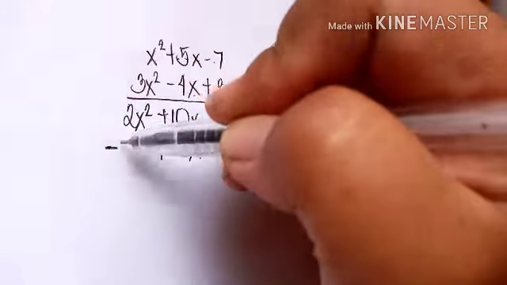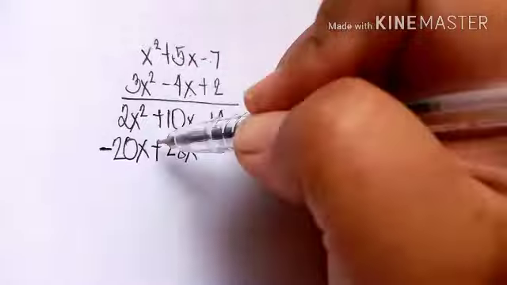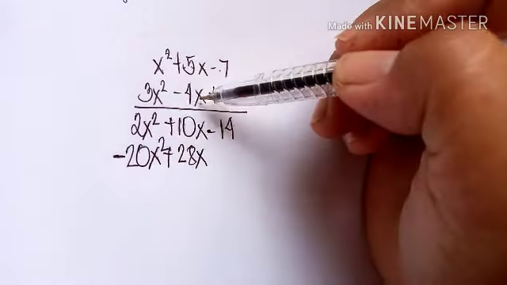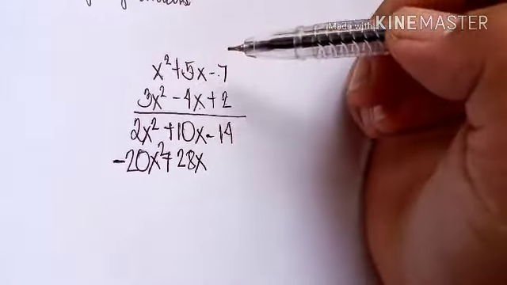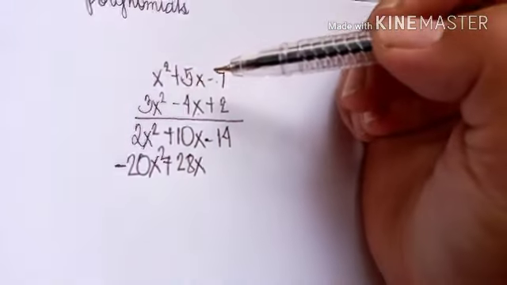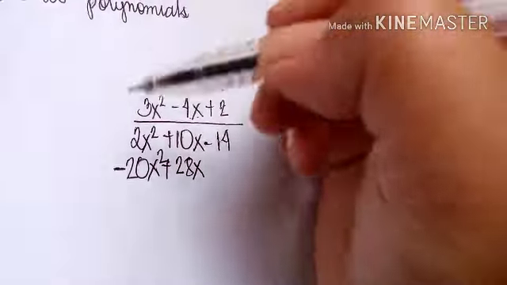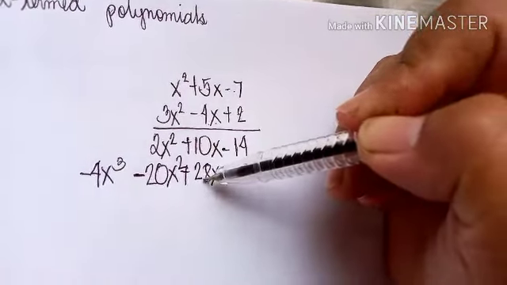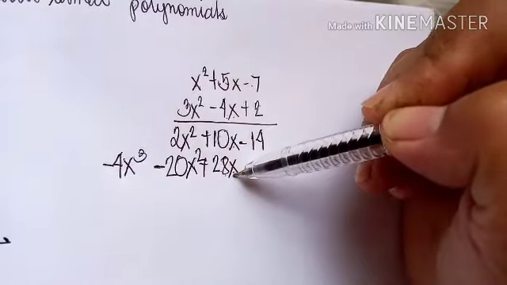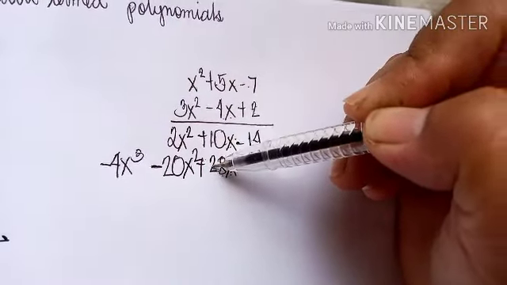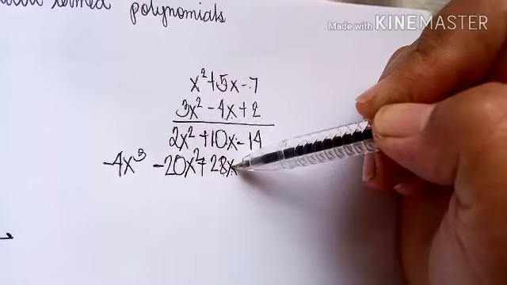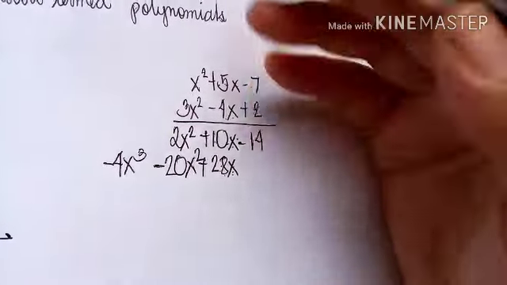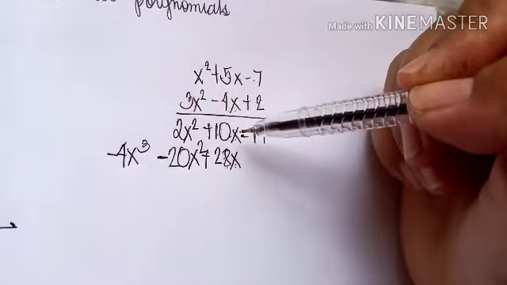So we have negative 20x squared, and we have negative 4x times x squared, that is negative 4x cubed. As you can see, as I multiply the second term, I am putting the answers below their similar terms. So 10x and positive 28x are similar terms, right? So you're just gonna put them where they have their similar terms.